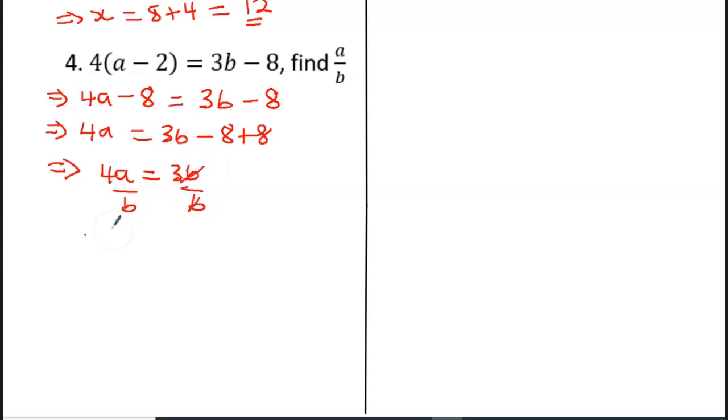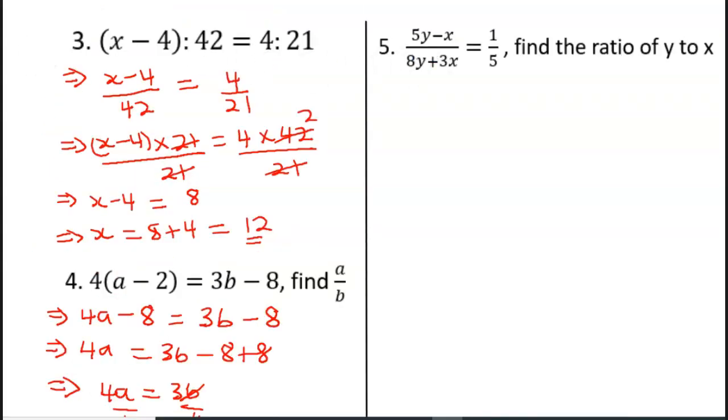So this b will cancel b. You can rewrite this one as 4 times a over b equal to 3. We want to find a on b, so we divide both sides by 4. So yeah, this 4 cancels 4. So a on b is 3 over 4.